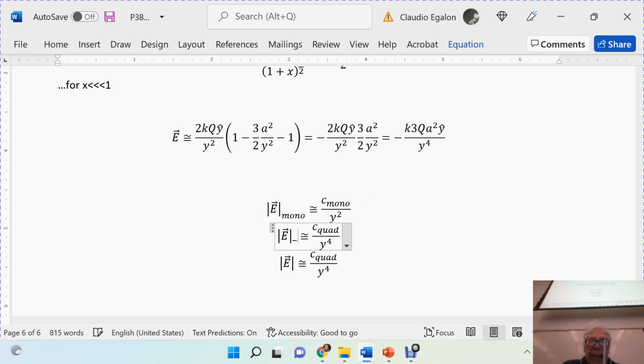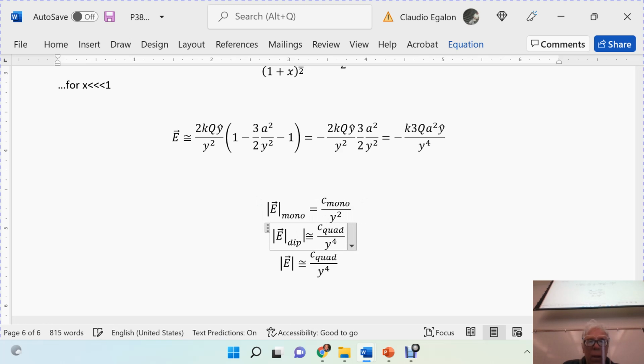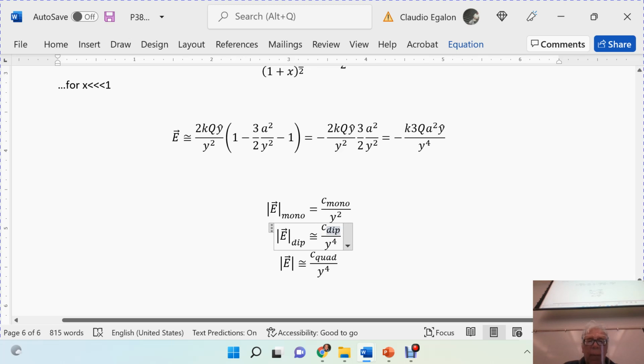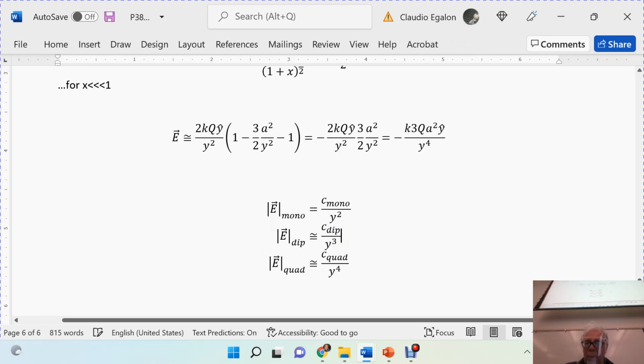For an electric dipole, here is not an approximation, here is an exact solution, right? It's going to be what? A Q dipole divided by y to the third power. And for a quadrupole, we just saw that it is the fourth power.